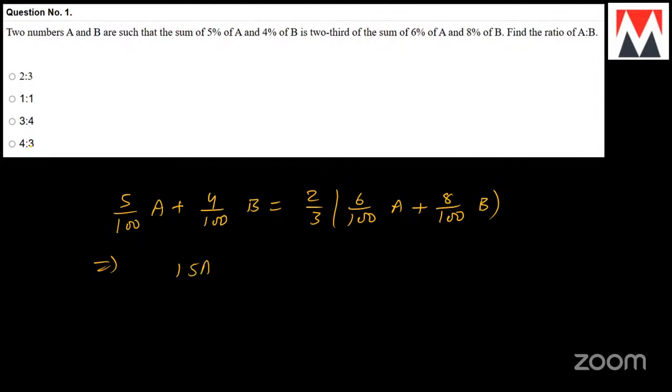So it is 15A plus 12B is equal to 12A plus 16B. So it is 4B is equal to 3A. So the ratio A by B is 4 by 3. So your answer is 4:3.